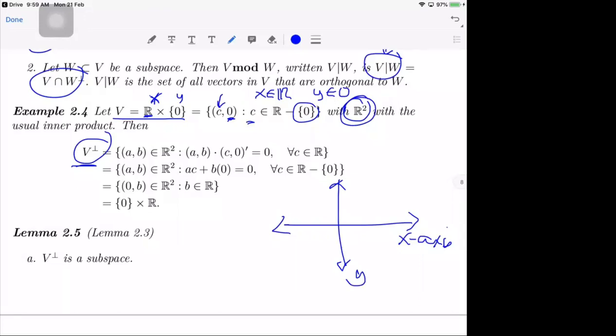Ang y-axis na siya, mao na perpendicular. So any ordered pair in R, kuhaon nimo ang inner product of AB and this vector.